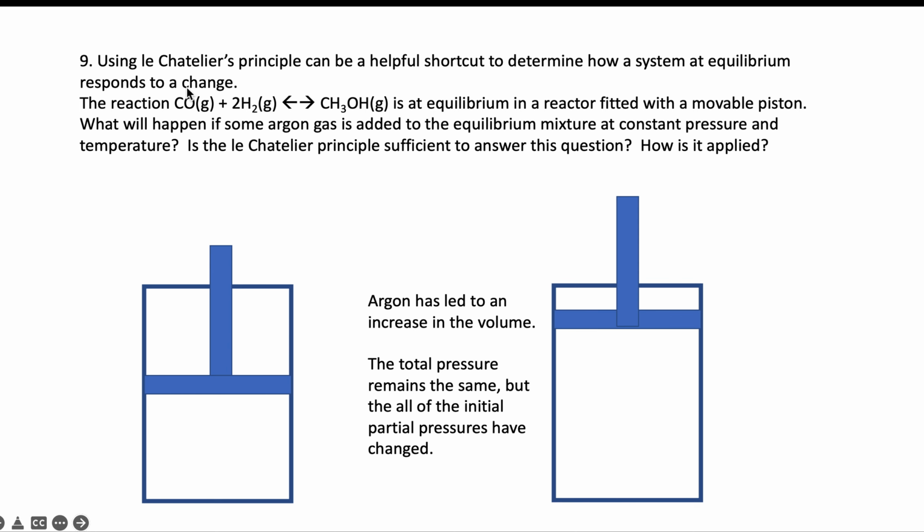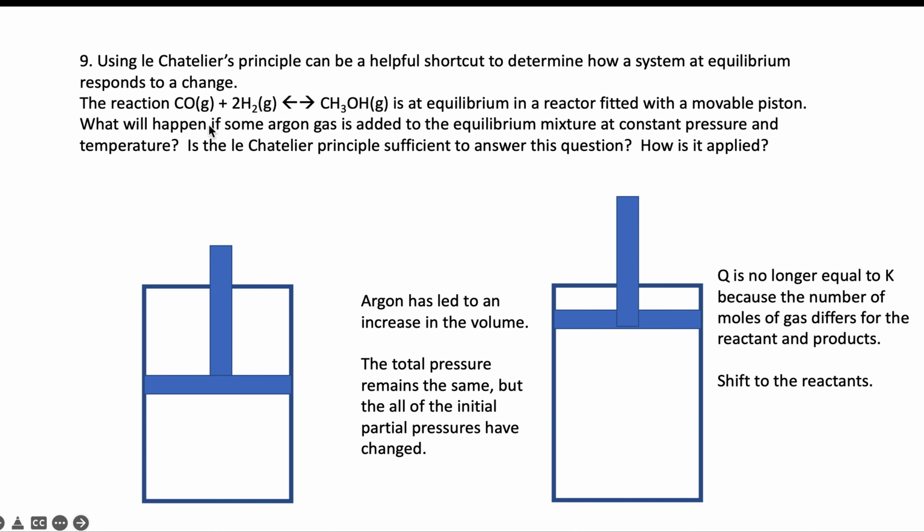So as I've changed all of those, Q and K are no longer equal to each other, because the moles of gas that I have when I'm considering reactants and products are not the same within this expression. As the pressures have gone down, there's going to be a shift towards the reactant side.